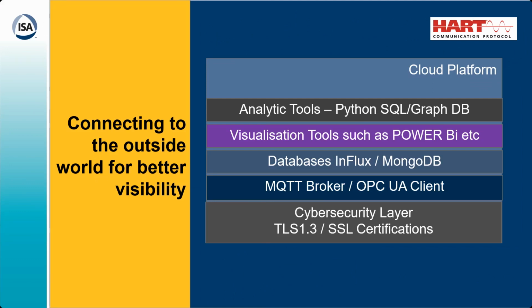But to store this data, you need simple NoSQL databases like MongoDB or InfluxDB, and these databases are being employed in the cloud, and then on that data you can perform analytics. You can use visualization tools such as Power BI and see all the visualization of the data and analytic data.